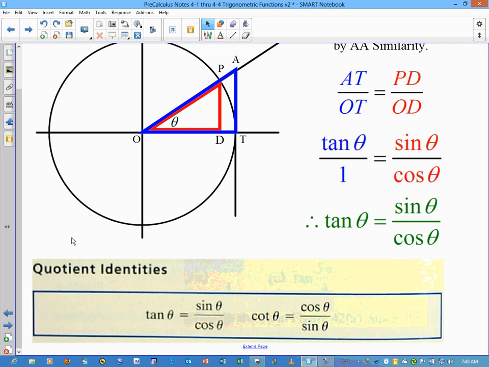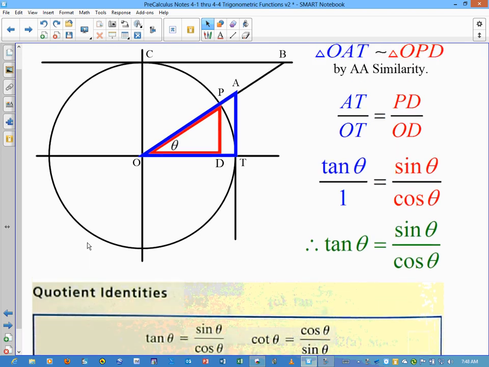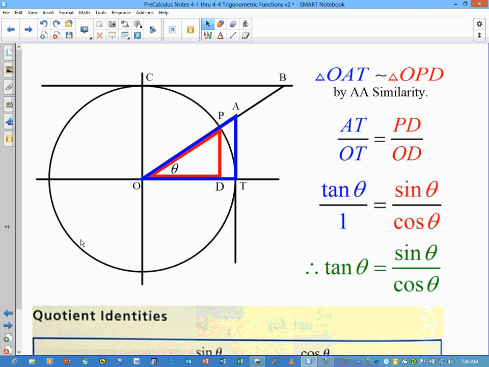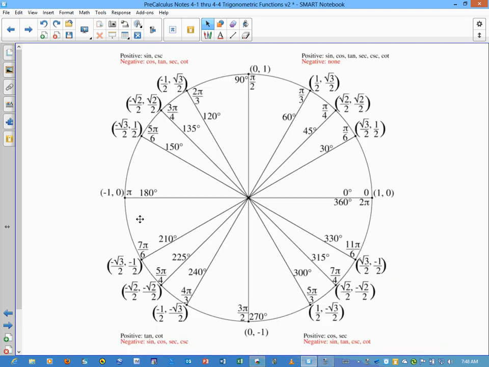Now, as far as trig values, for the special angles that are in the special right triangles, we can determine those exactly.